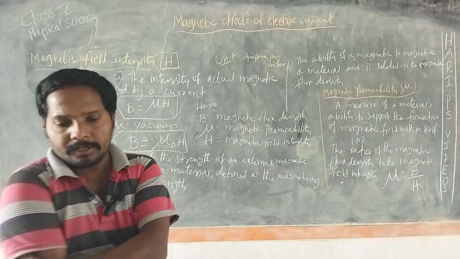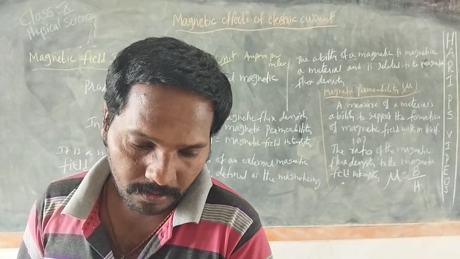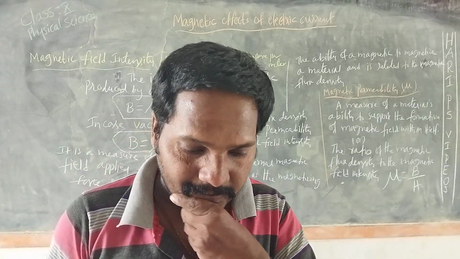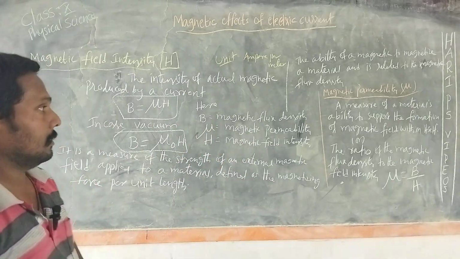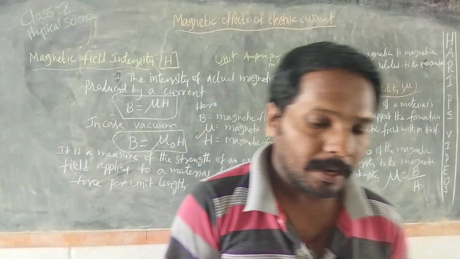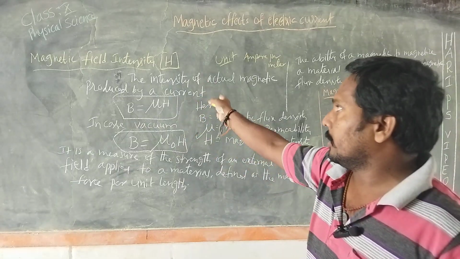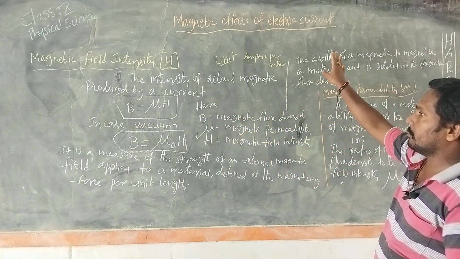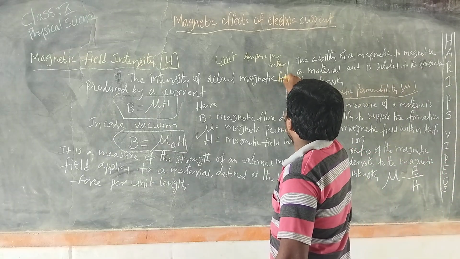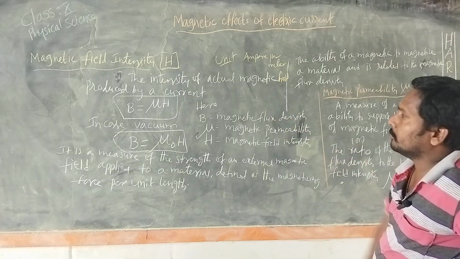Ampere per meter is the unit for magnetic field intensity, represented with H. So this is somewhat important. Magnetic field intensity means the intensity of the actual magnetic field produced by a current, and B is equal to mu H.